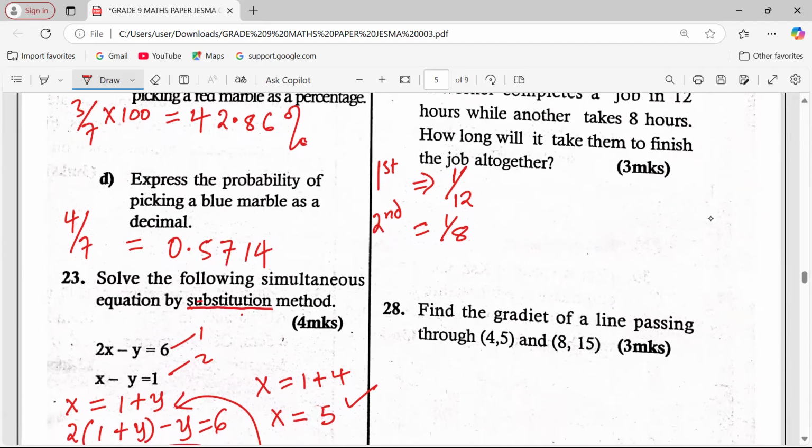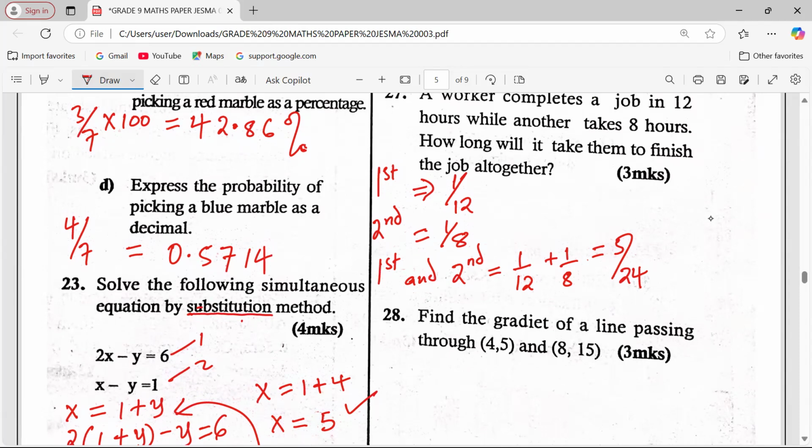What about when working together? First and second, we take 1/12 and we add 1/8. You get 5 out of 24.